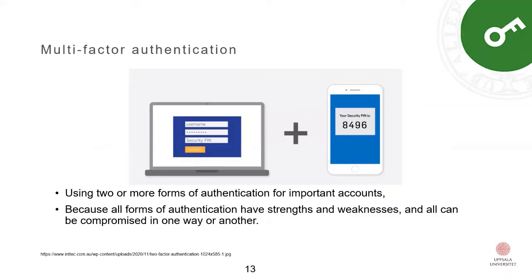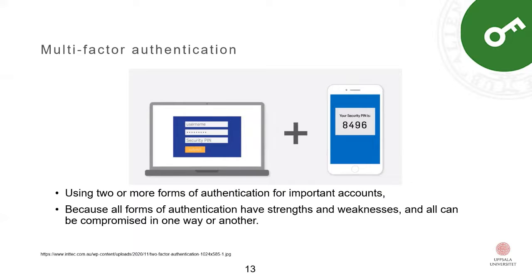So using one authentication method always has some weaknesses. For example, if you use only username and password, the username and password can be attacked, as we saw in the previous lecture. So it is not always safe. If you have some data or system that is very sensitive and you need to protect it a lot, you need to use several methods of authentication at the same time.